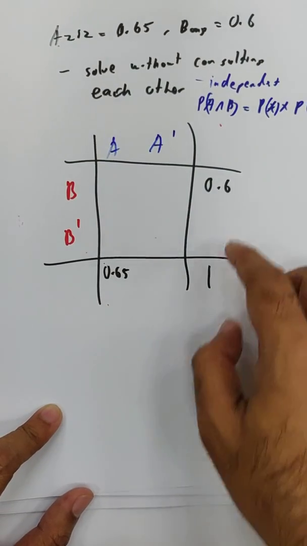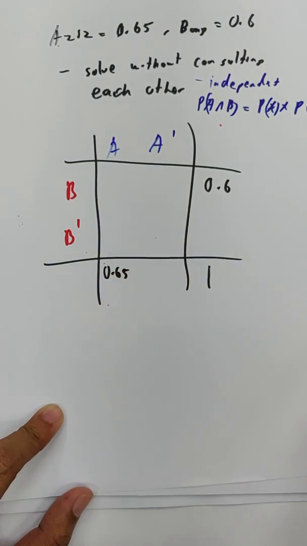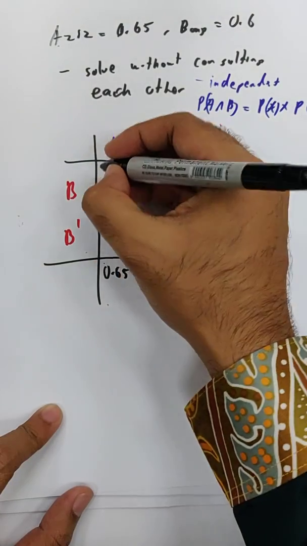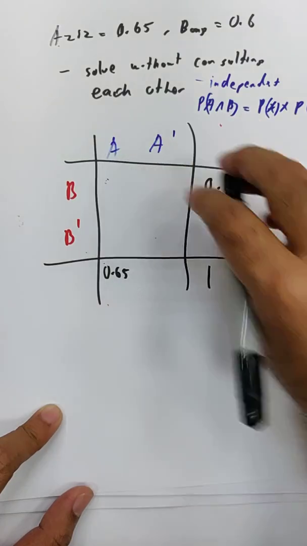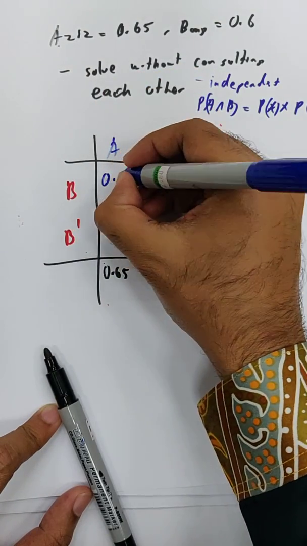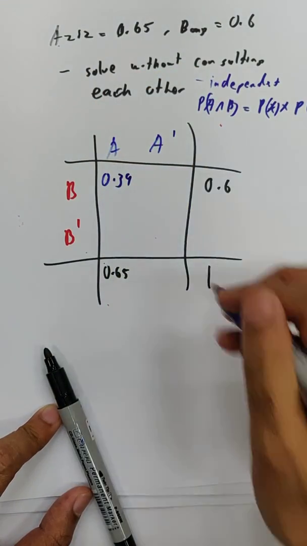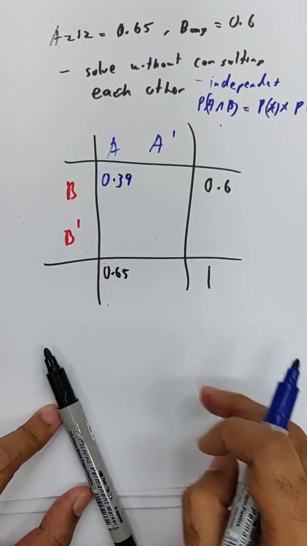Right, so 0.6 times 0.65, can you please calculate that? 0.39. Let's put it over here. It's 0.39, and then from there you can fill up the rest.